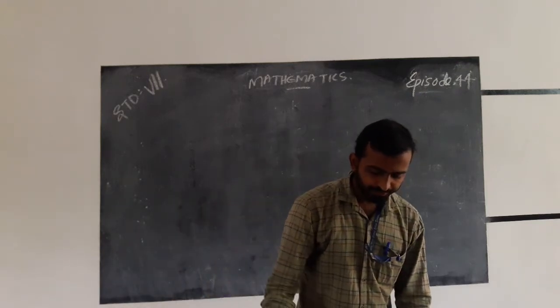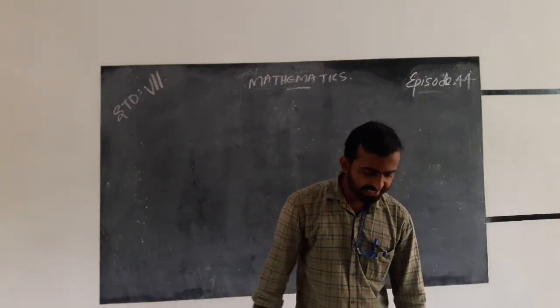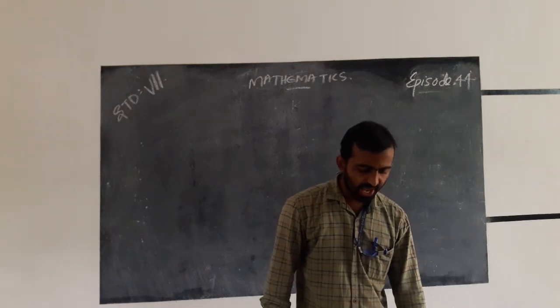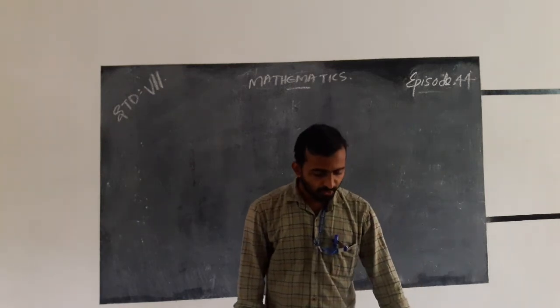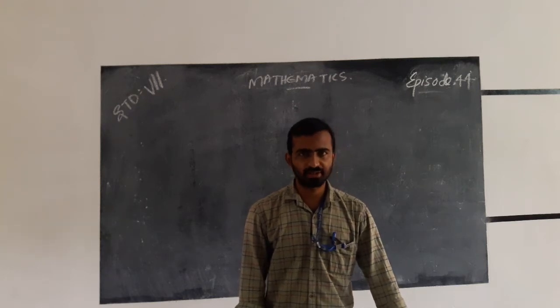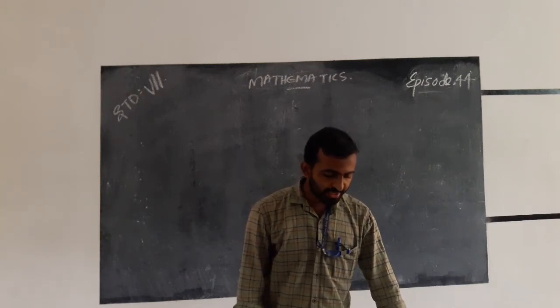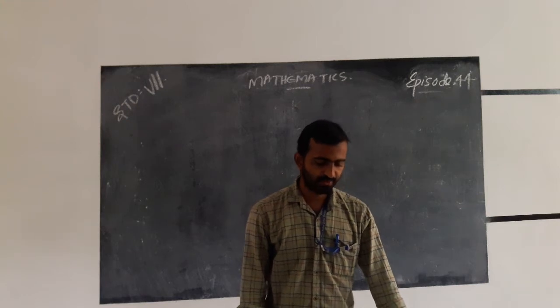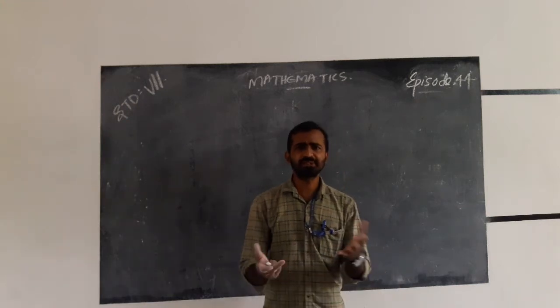The seventh question is, in a city 30% are females and 40% are males and the remaining are children. What percentage are children? That is very simple.